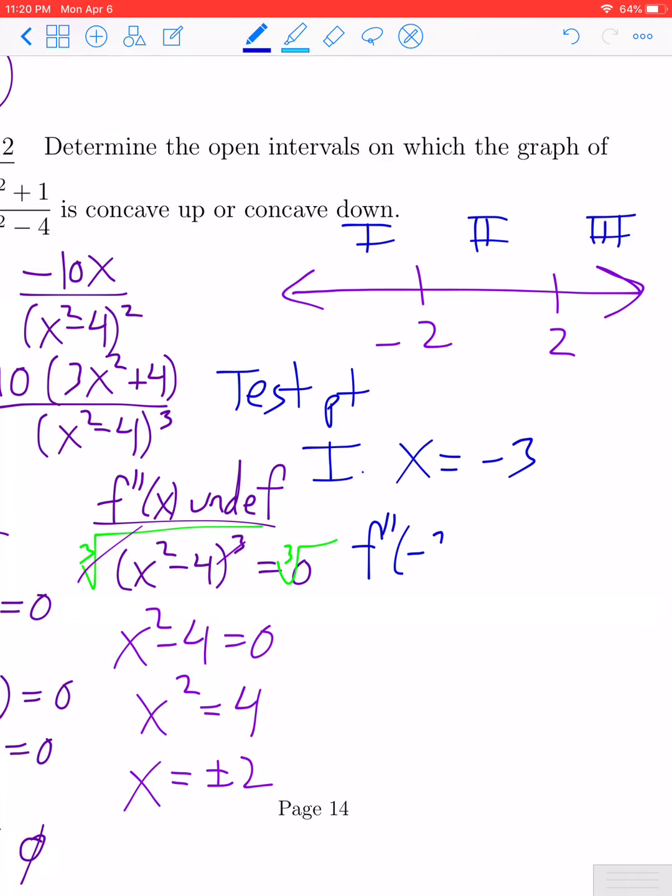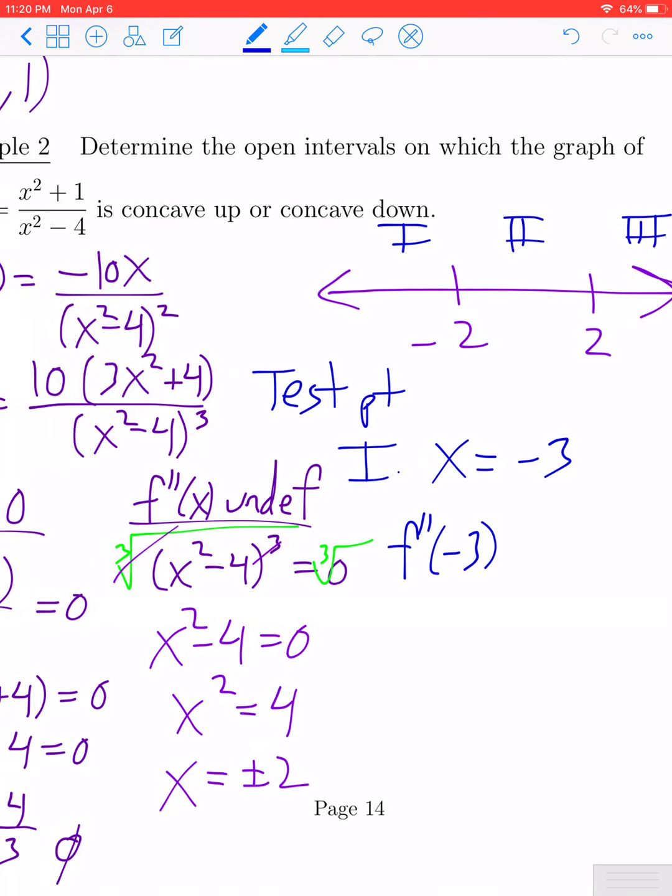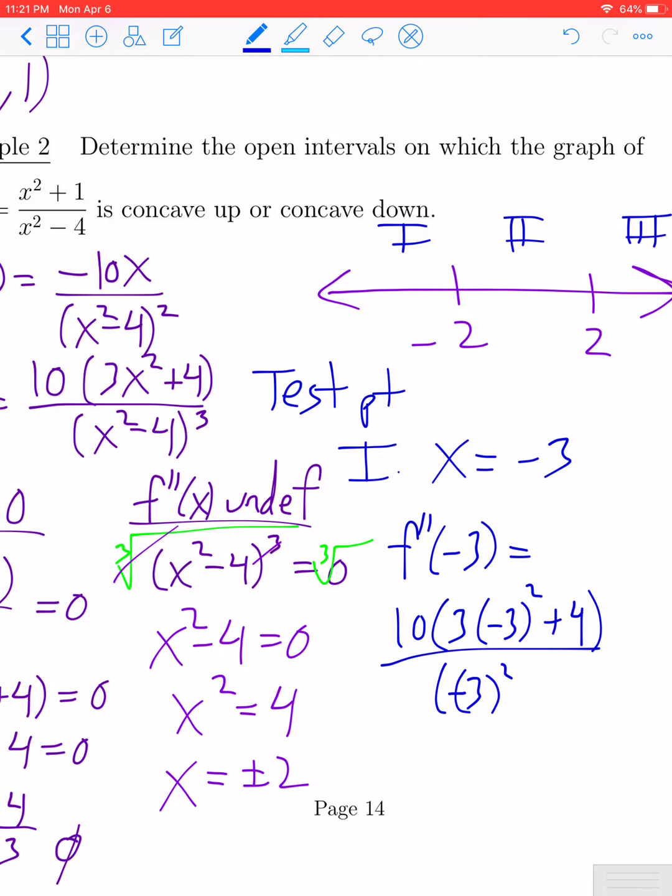F double prime of negative 3 is going to be equal to 10 times 3 times negative 3 squared plus 4, all divided by negative 3 squared minus 4, cubed. Let's see if we can work this out.